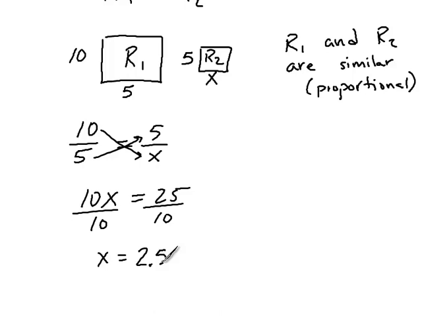Proportions can be used to solve many different types of problems. And as you take a look at section 6.6, you'll see that there are many story problems involved here that can be solved using proportions. I'll do another example, just one out of the book for you. This is going to be number 27.